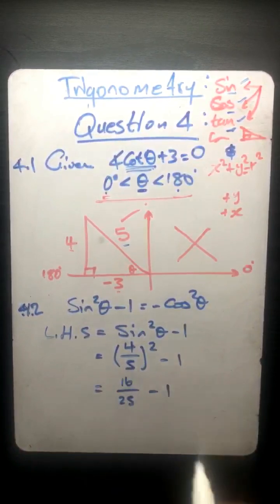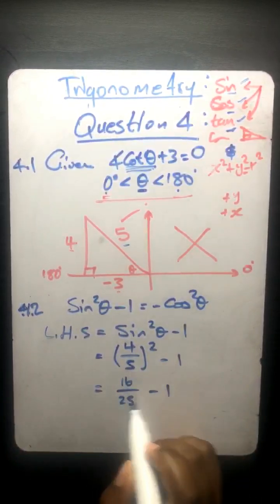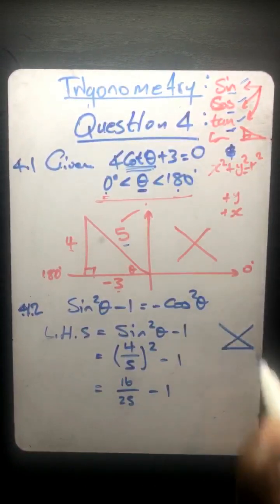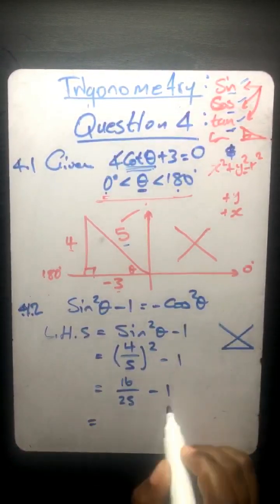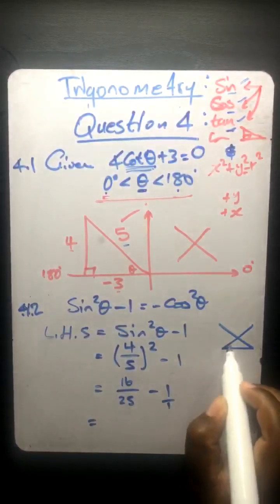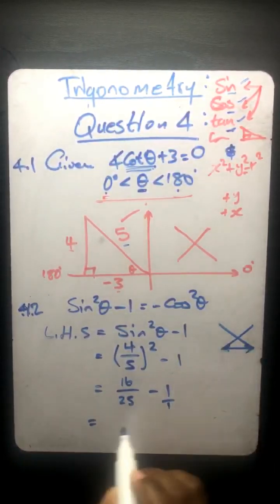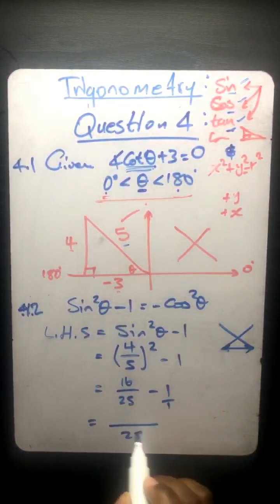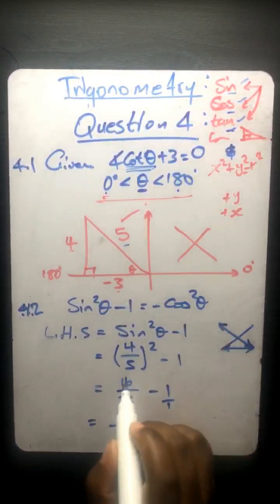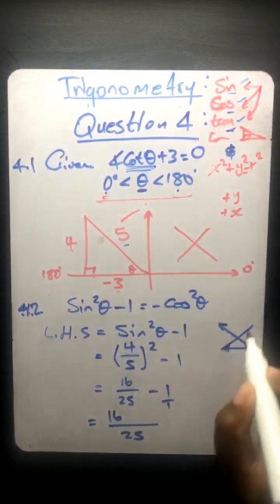So you are having 16 over 25 minus 1. Can you see that you need this strategy of mine? You fractionalize that, meaning you say that times that. 25 multiplied by 1, which is 25, and then you do that by that. What is that times that? Is it not 16? And then you do that by that.